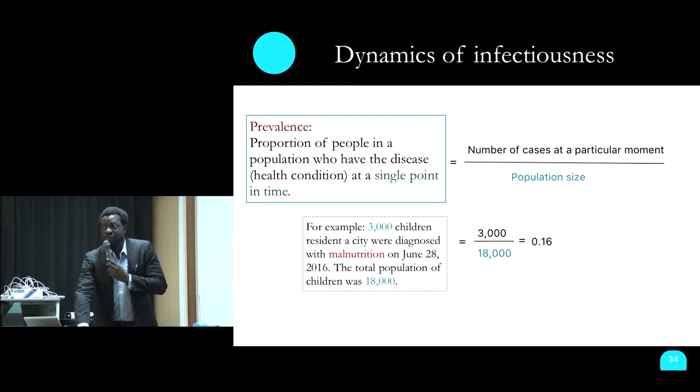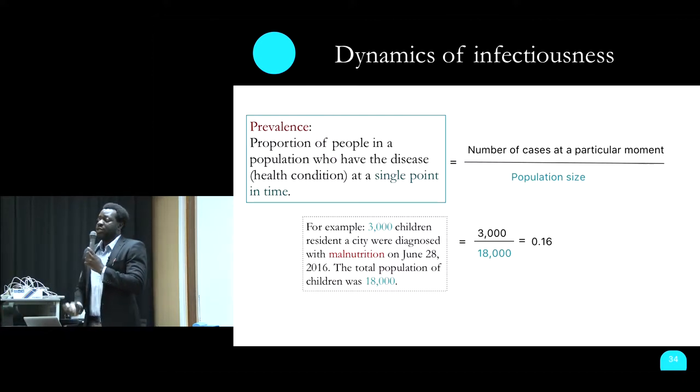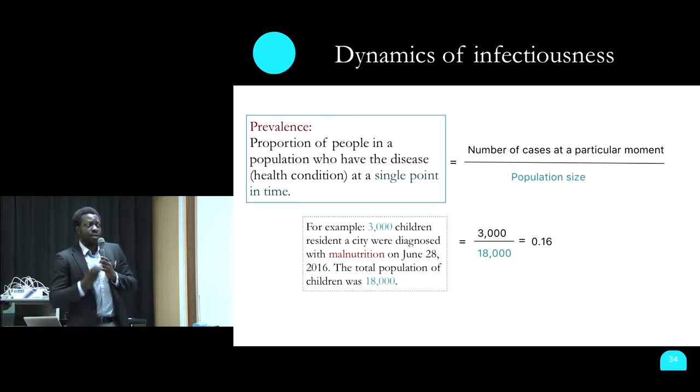I'm sure you are very familiar with epidemiology, and most of the time when we want to measure the frequency of diseases, we use the prevalence, for example, which is the proportion of people in a population who have a specific disease at a single point in time.